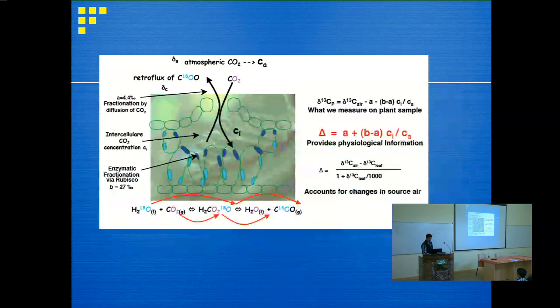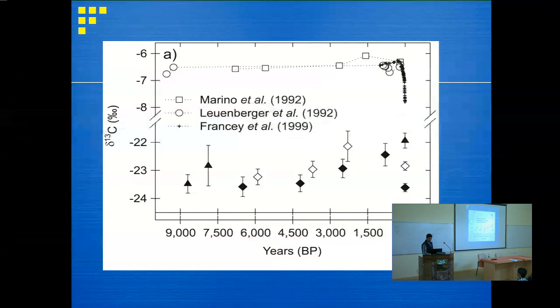Now, if you try to infer the CO2 concentration in the past, one can use tree rings, because, as I mentioned, the tree rings do have some relationship to atmospheric CO2. People use tree rings to talk about the CO2 variability in the past, analyzing the carbon isotopic ratio. This is one such example where people have done reconstruction going back in time, showing that in modern time the composition is getting more depleted.